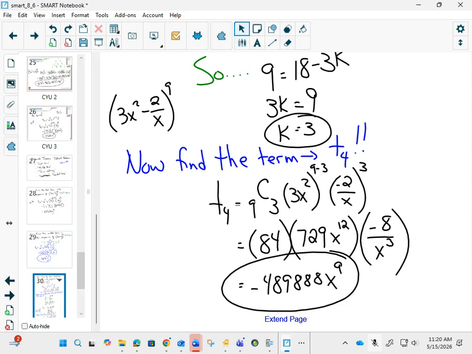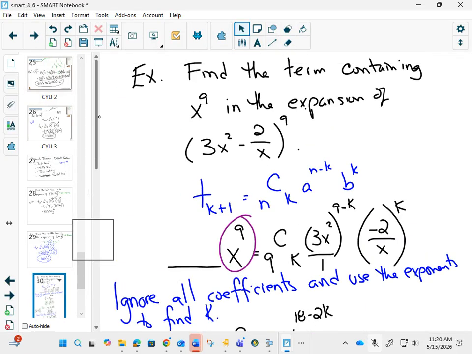An English lesson. Okay, I'm going to go back to the beginning for a second. Give everybody a second. Everybody good? Here's our English lesson for the day. If it says find the term, you actually have to find the exact numbers of the term. We had to find term 4 and exactly what it was equal to.